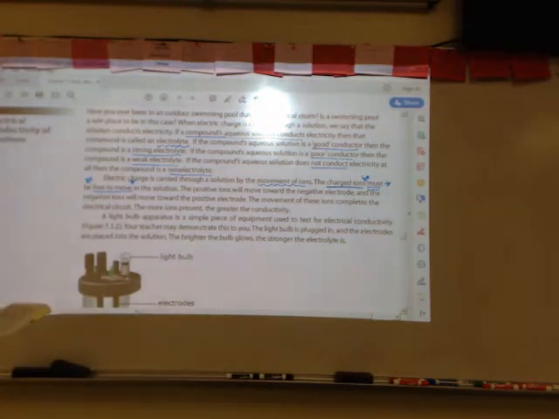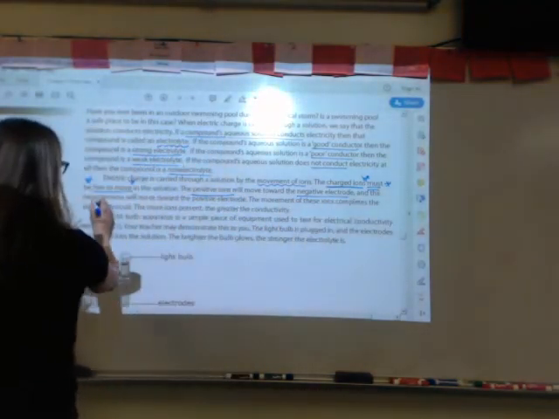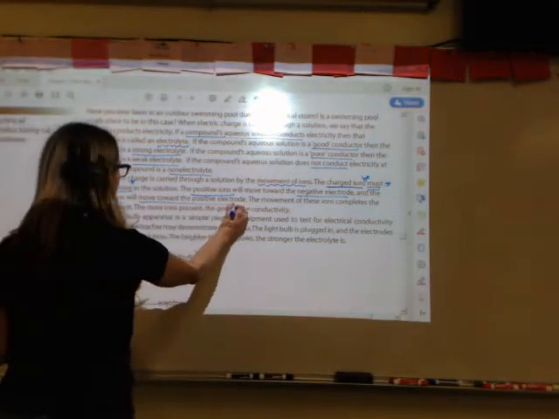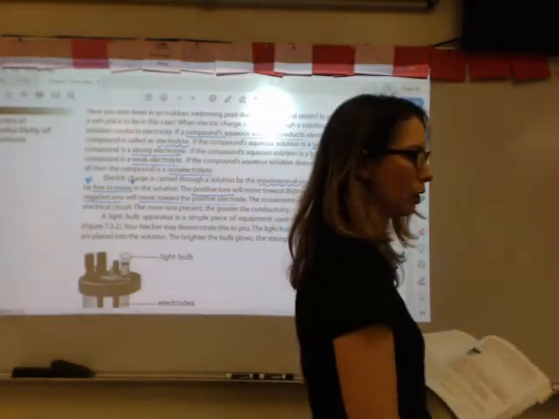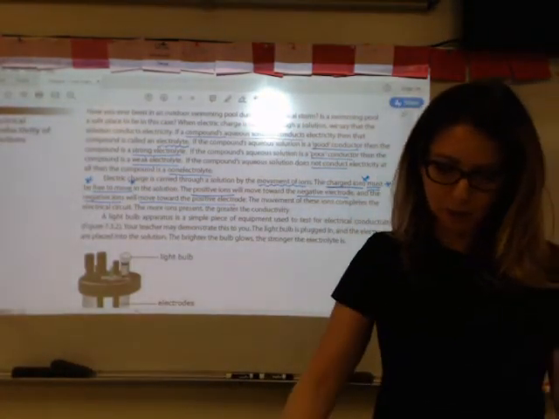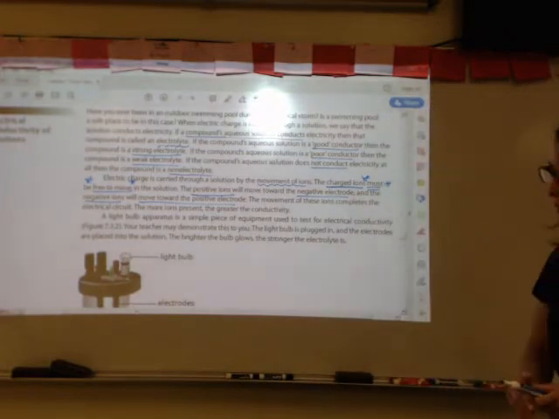The charged ions must be free to move in the solution in order for it to conduct. Okay, now positive ions will move towards the negative electrode, and negative ions will move towards the positive electrode, and it's the movement of these ions that completes the electrical circuit. So the more ions you have present in the solution, the greater the conductivity.